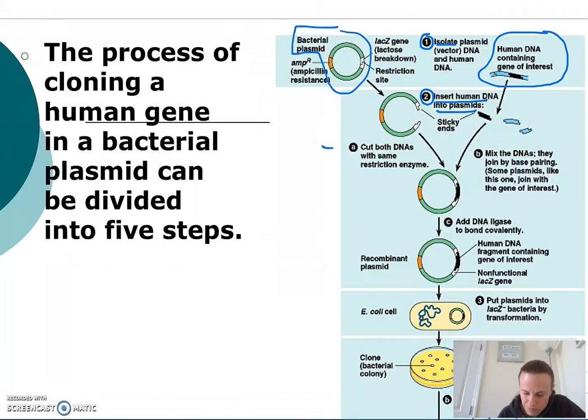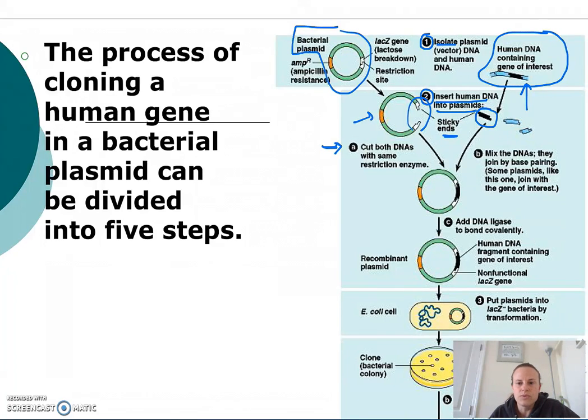And how do we do that? Well, the first step involves using restriction enzymes. I'm going to cut both the plasmid and my gene of interest using the same restriction enzyme, thus forming these sticky ends.